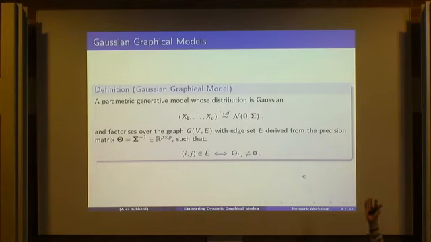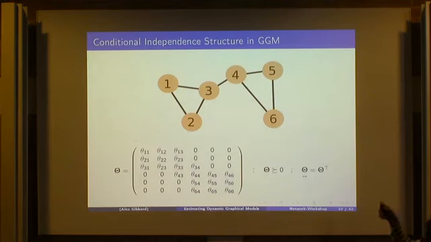If any entry in that matrix is 0, that means there is no edge, and vice versa: if it is non-zero, there is an edge between them. A brief example would be this particular form, where you can see that certain entries are 0 and they do not have an edge in that graph structure. That signifies the one-to-one relationship.